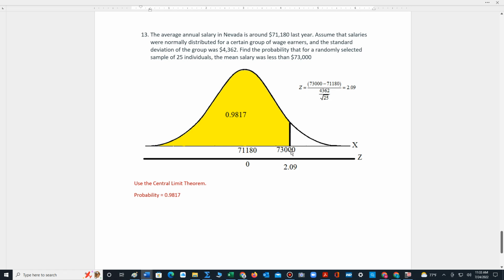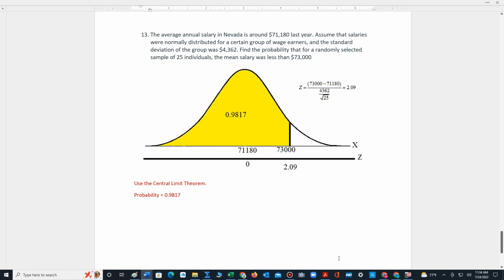It's x bar 73,000 minus the mean, 71,180, divided by standard deviation of 4362 divided by the square root of 25. And just keep in mind, this should be an x bar value. I left off the bar, but these are not x values. These are x bar values.